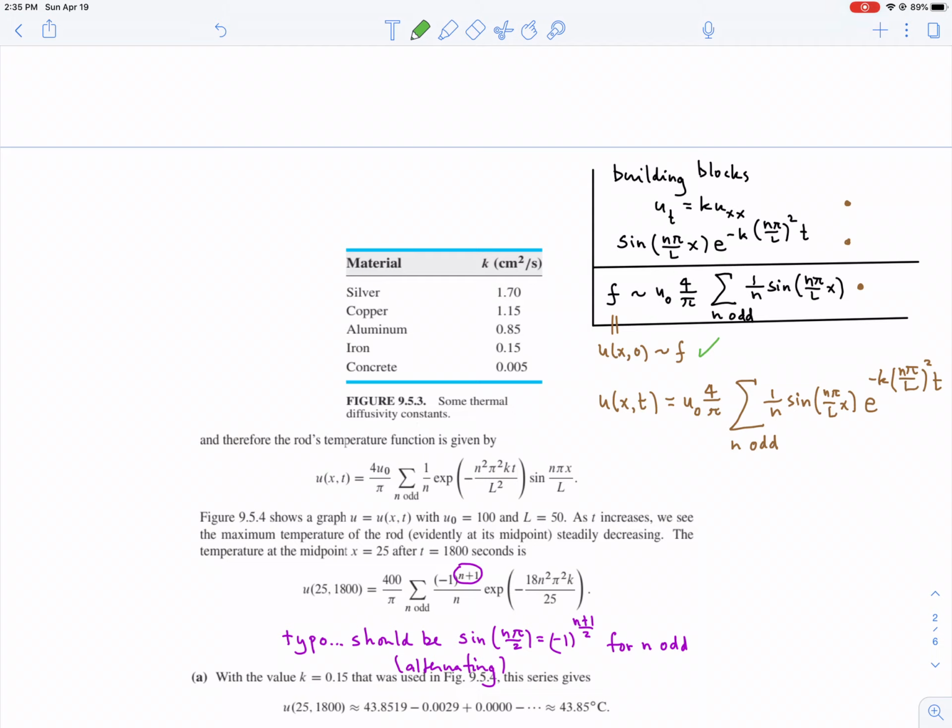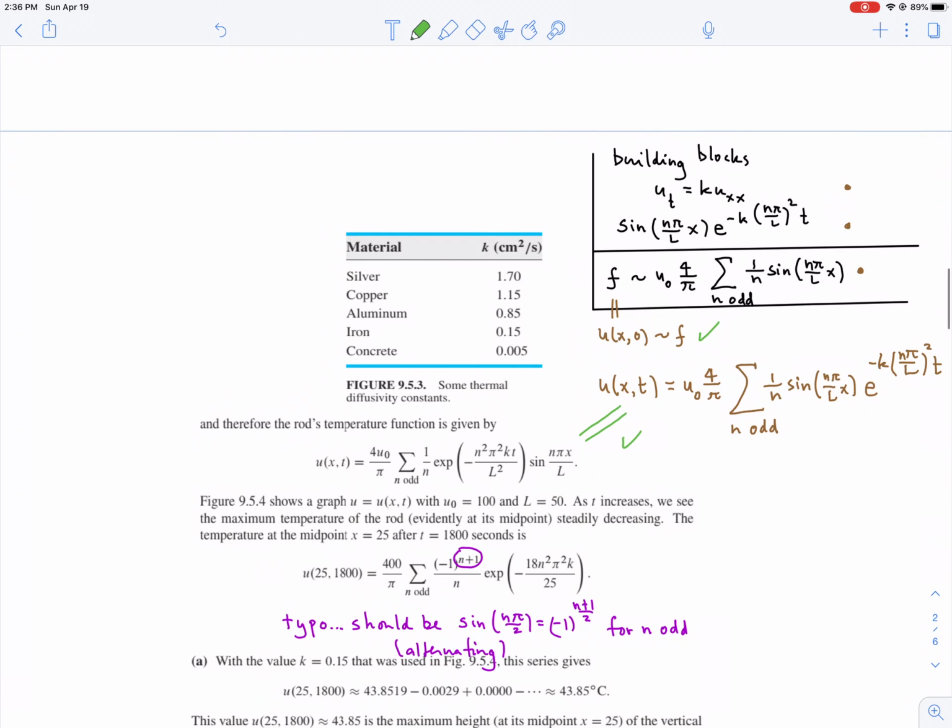And so that's u of x,t, and let's see that it's the same as what the text told us. So the only difference is they took the n pi over L quantity squared, and they rewrote it as n squared pi squared over L squared. So those are the same.